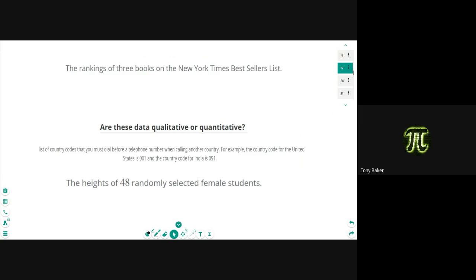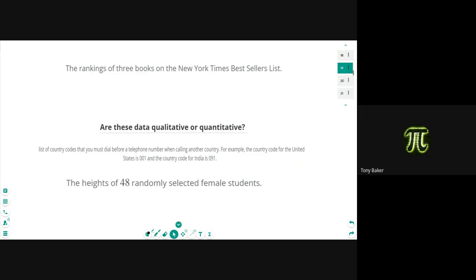The height of 48 randomly selected female students. Would it be quantitative? Why? You're taking discrete points from your sample, and you're getting a number out of it rather than a quality of them.